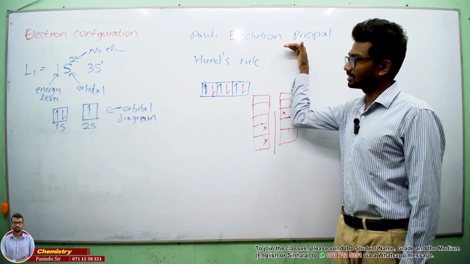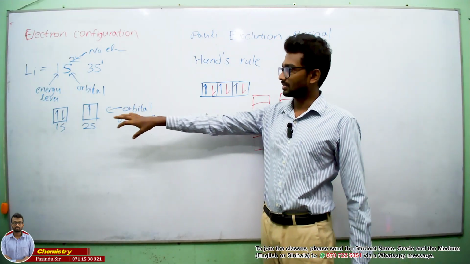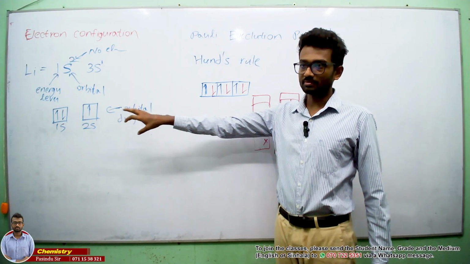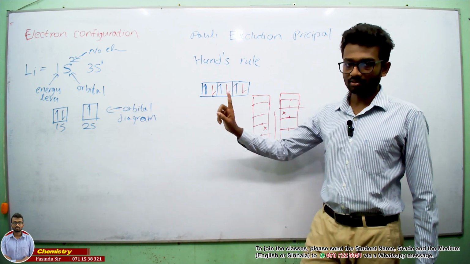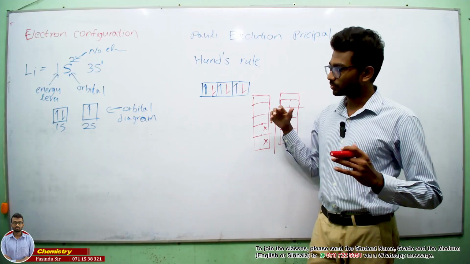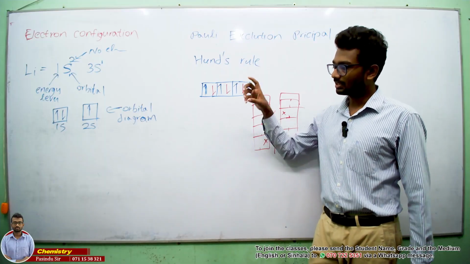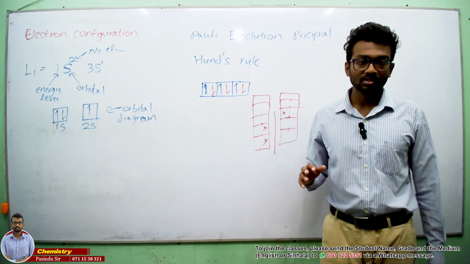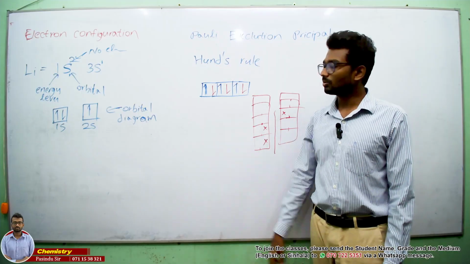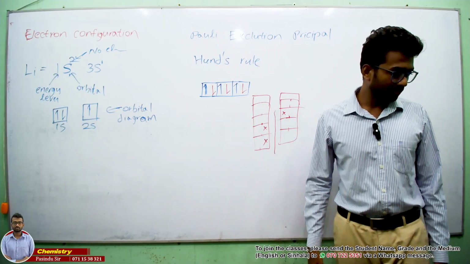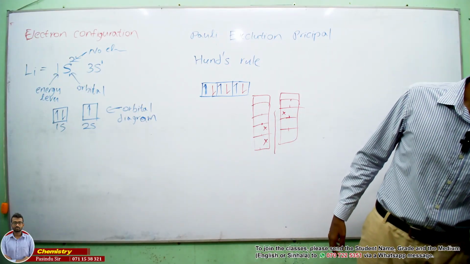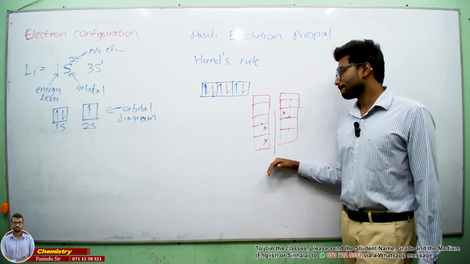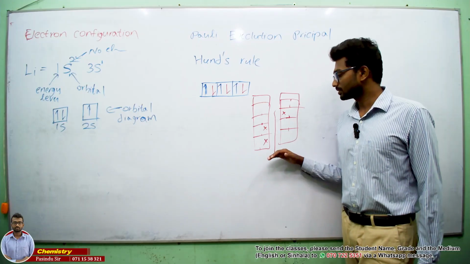What Pauli said is that the same quantum numbers can be taken by only one electron, and when there are two electrons in the same orbital, they should spin in opposite directions. That's what Pauli said.